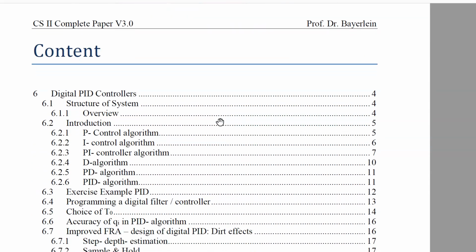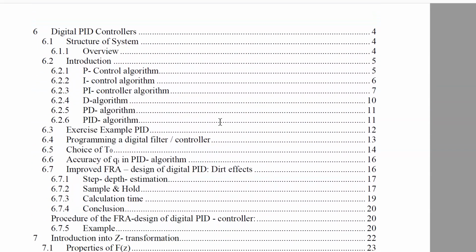Just a quick view on the content of this lecture. It will start with chapter 6. So the Control System 1 course has as a content the chapters 1 to 5, and here you can see the following structure. So I start with chapter 6.